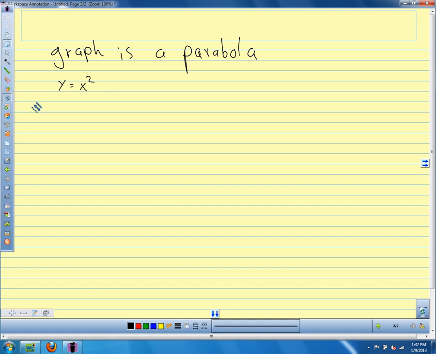So let me draw a set of axes here. And my graph isn't going to be beautiful and perfect, but we just want to talk about the parts here. So y equals x squared looks something like this. This point here we call the vertex.